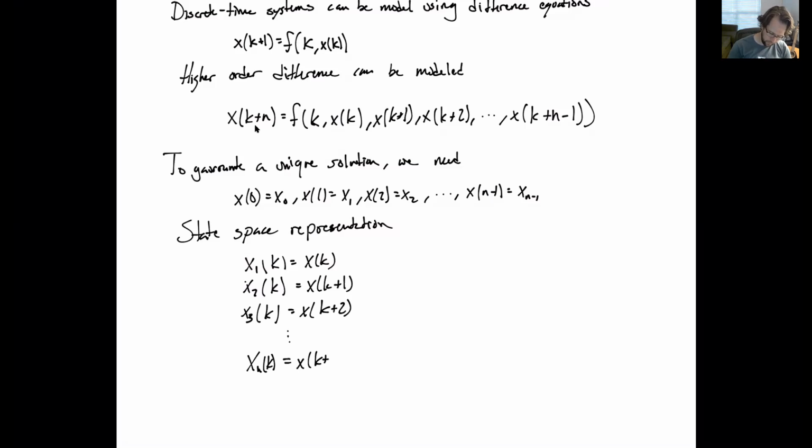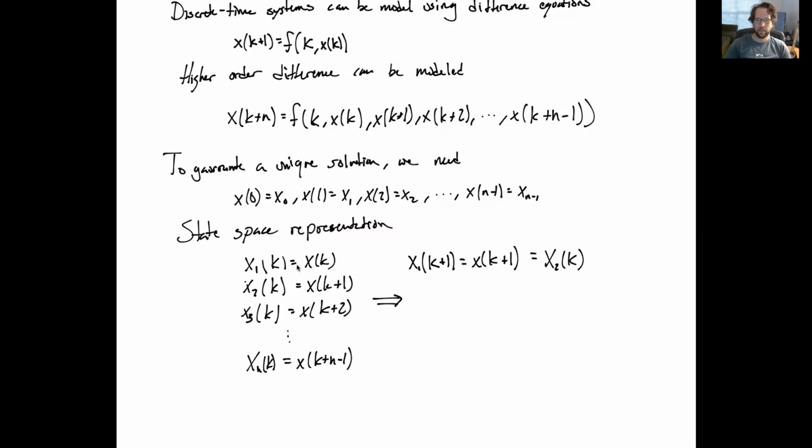Okay. So now we're going to look at the next time step ahead. Instead of x1 of k, we're going to look at x1 of k plus 1, and this is going to be equal to x of k plus 1, which is equal to, you guessed it, x2 of k.